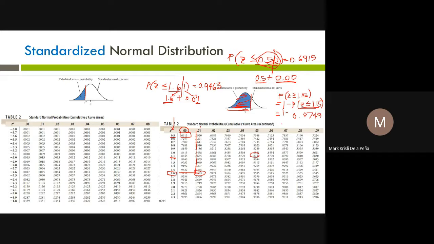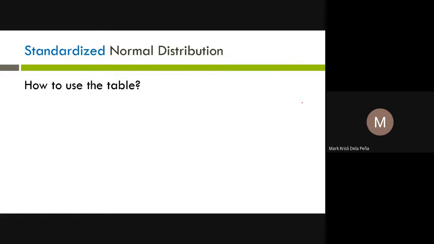So we'll get a value of 0.1251. So I think that's the answer. This will be our answer. Okay. So again, that is when the notation is greater than or equal to a z-score.